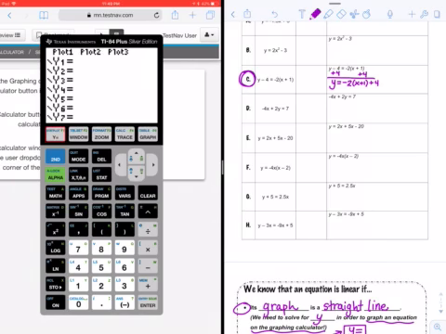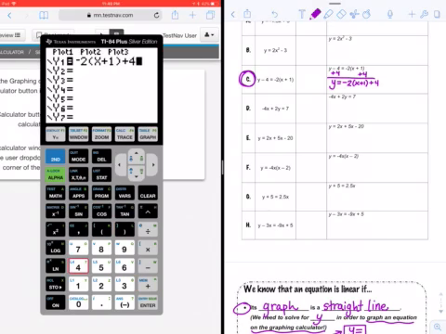So I can press the y equals on my calculator and type in that equation, negative 2 parentheses x. Remember, the x button is right next to the green button on the calculator, plus 1, close parentheses, plus 4.